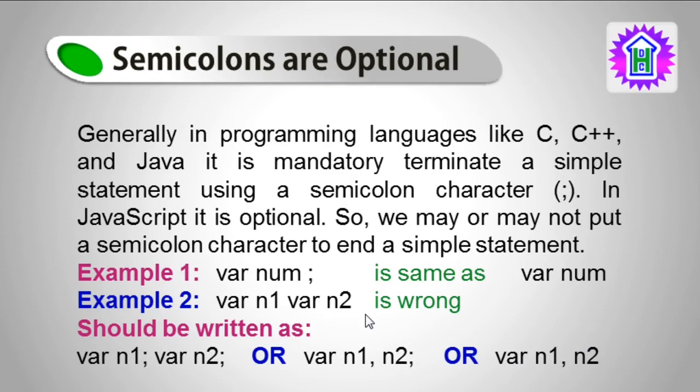As two variable declarations are written in the same line, it must be terminated by a semicolon. Or we can write var n1 comma n2 semicolon, separating using the comma operator. Or we can write var n1 comma n2 without a semicolon also. All these declarations are okay.